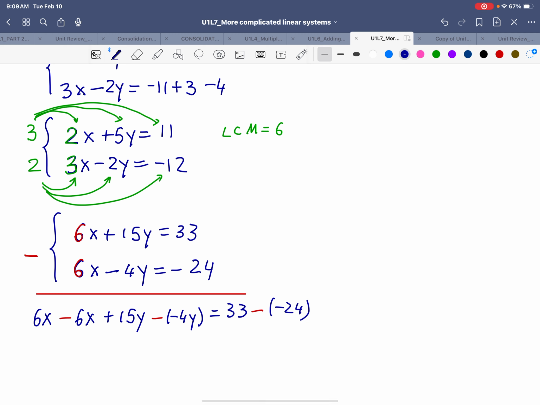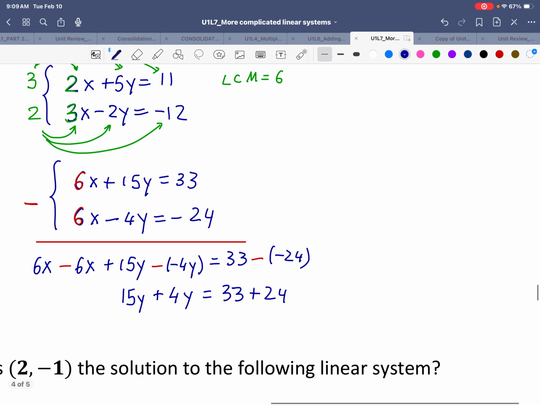So 6x minus 6x means no x. 15y minus negative 4y, these two will make a positive. I'm going to write it, take an extra step, so why not? And 33, the two minuses here will make a plus 24. So that will give us 19y equals 57. Divide by 19 both sides, we get y equal to 3.